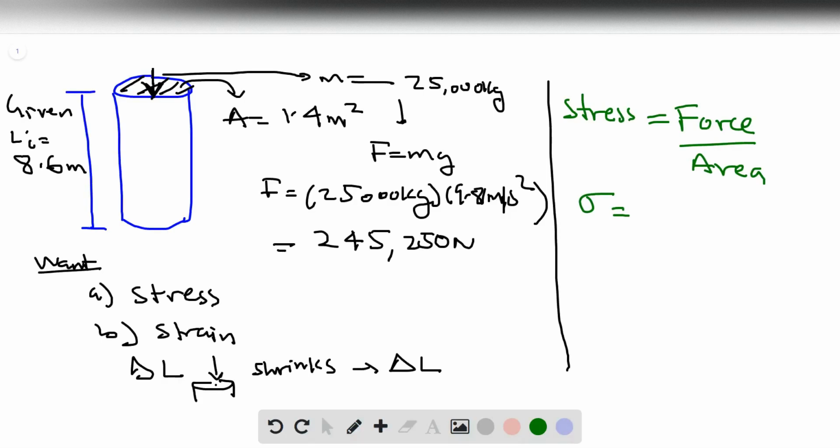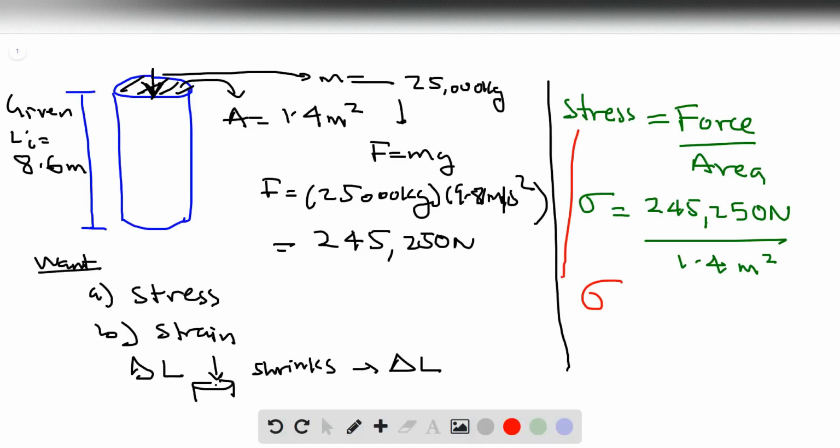So the force is 245,250 newtons, and we divide that by 1.4 meters squared, and we end up having sigma, or stress. Remember, stress and sigma are equivalent, 1.7 times 10 to the 5 newton per meter squared.